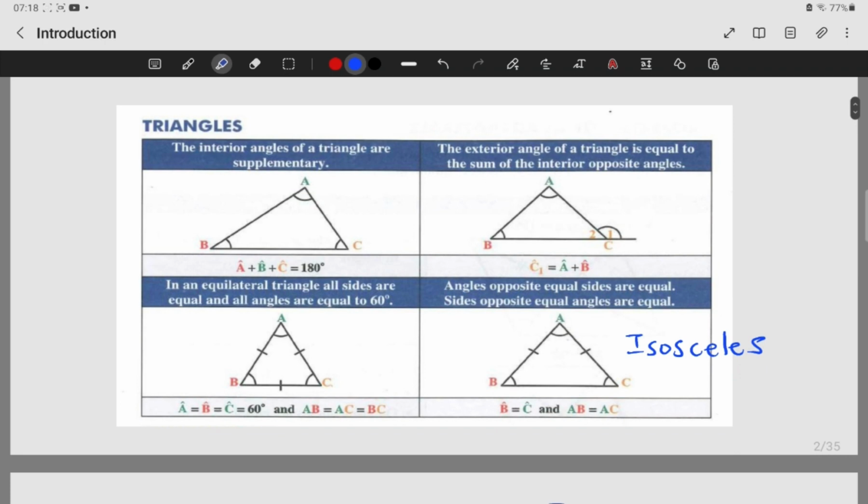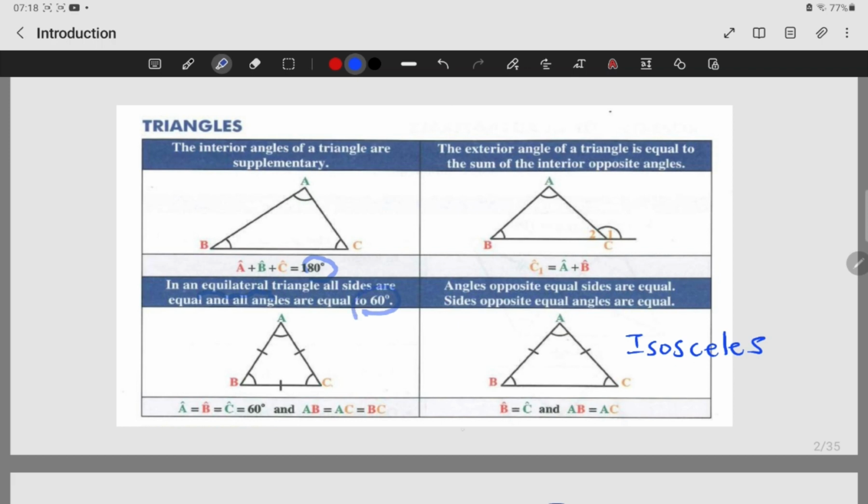If we look at triangles, you must know that the sum of the interior angles of a triangle equals 180 degrees. You must then know different types of triangles, being the equilateral triangle, where all the sides are equal and all angles are equal to 60 degrees.